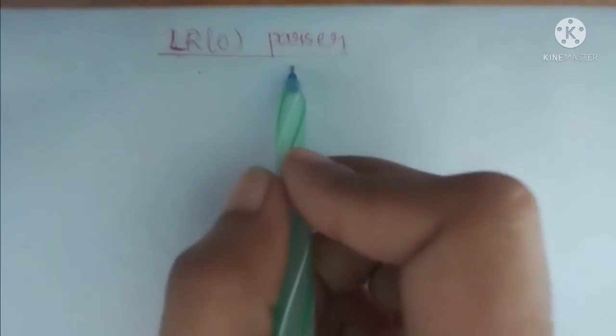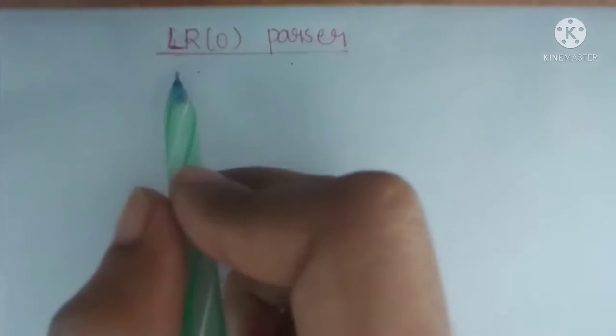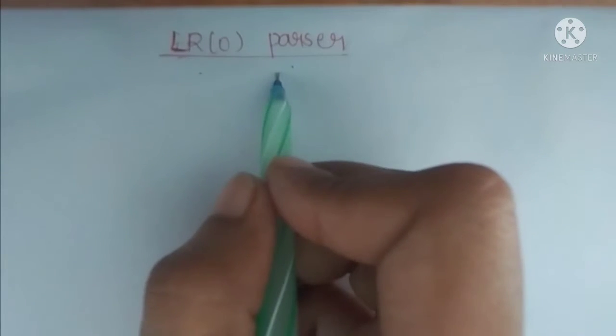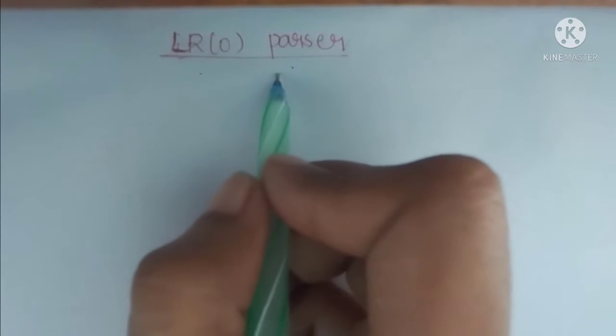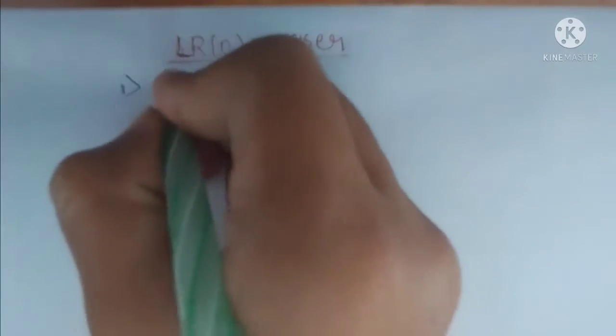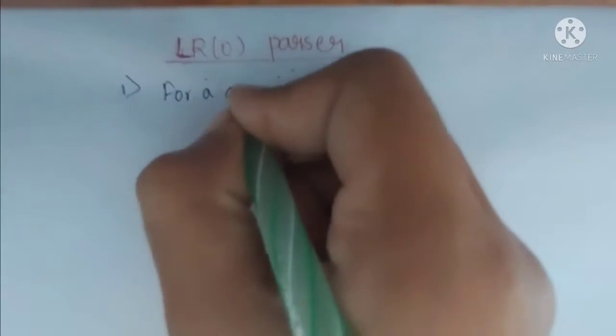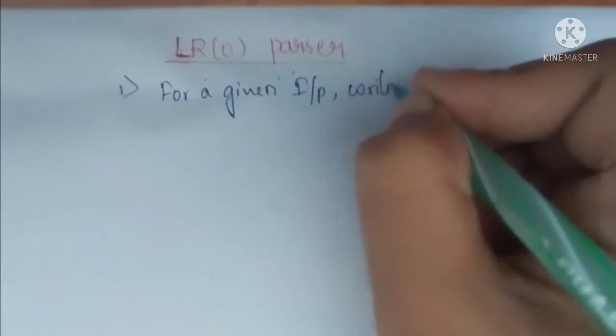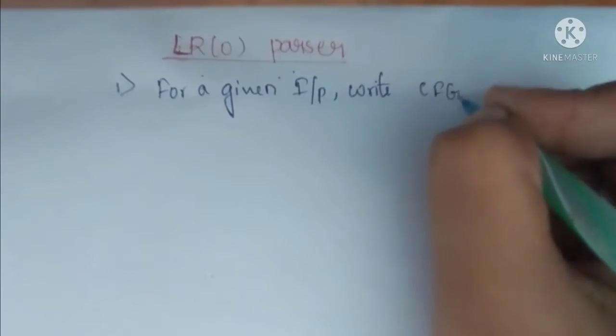In the bottom up parser, first we will continue with the first parser, that is the LR0 parser. To do the LR0 parser, there are steps involved while performing the parsing. I'll write the steps here. The first one is, for a given input, write the CFG, that is the context free grammar.